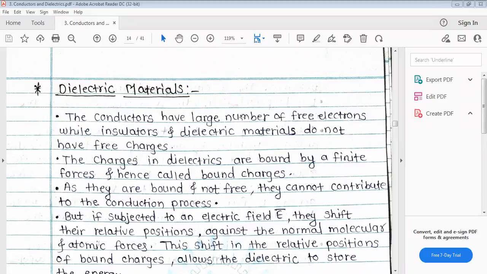And this dielectric material, you can imagine the capacitor which has two parallel plates, and in between, some insulating material, that is the dielectric material.